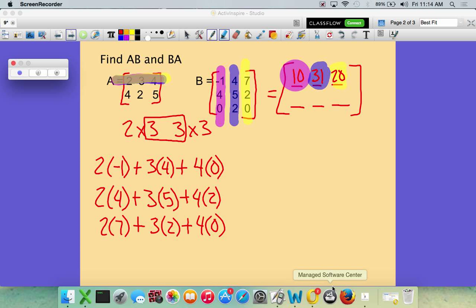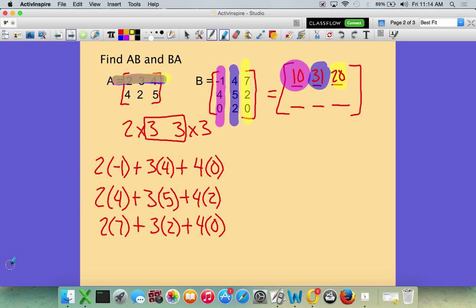Now it's time to go down to the second row. I want to fill in this spot now. What that is going to be is row 2 times column 1.